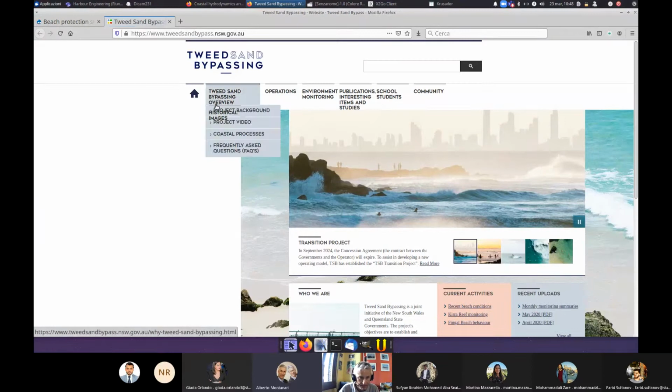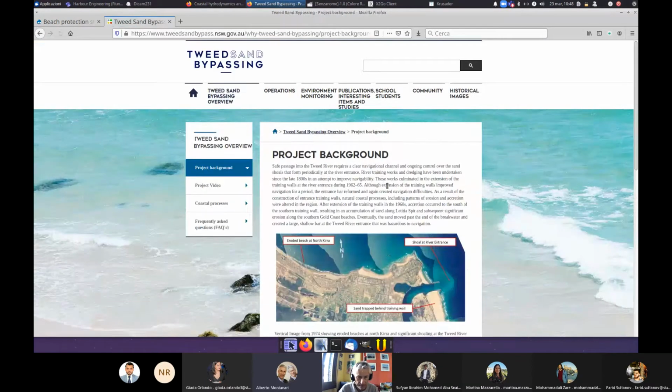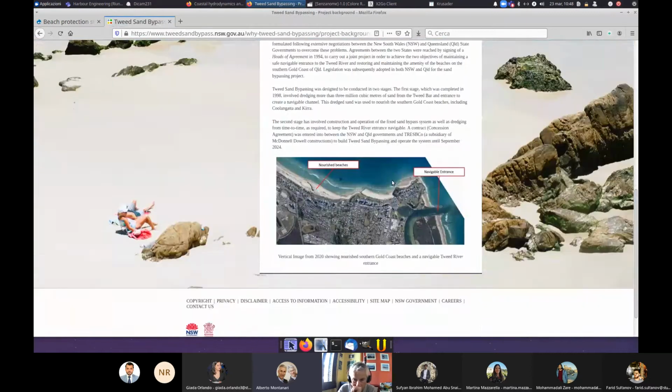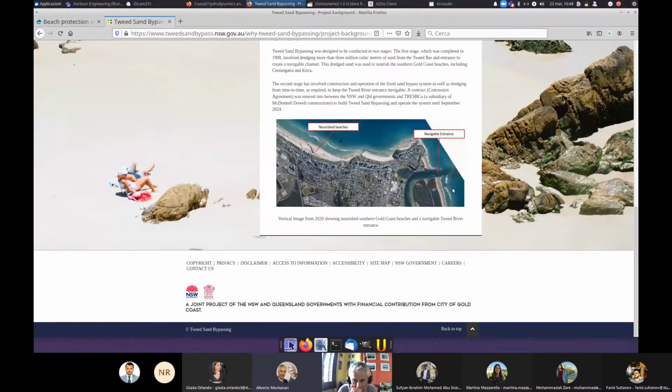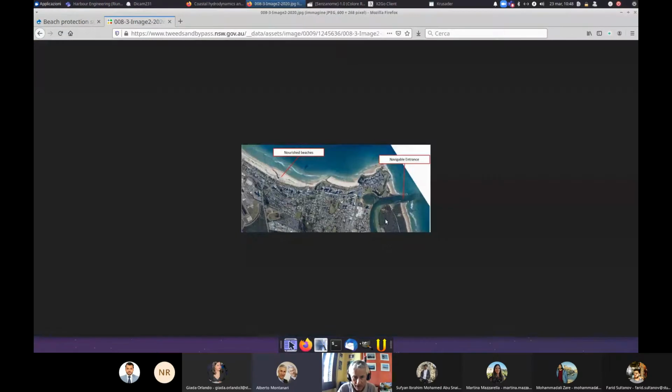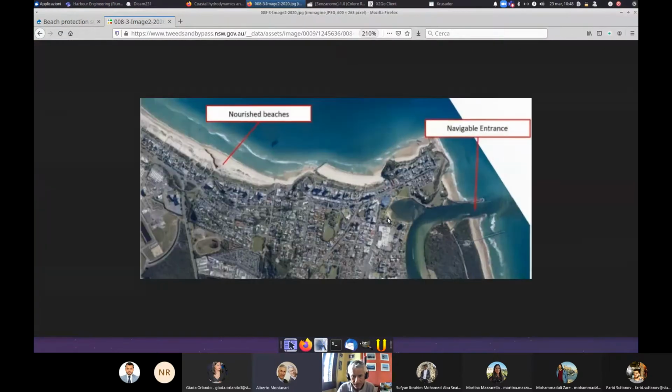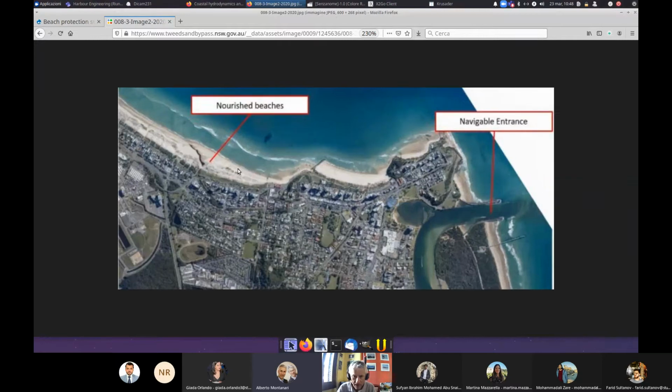Now let's see what they did. You see that this is after the intervention. Do you see now the situation, how much is different after the intervention, after the sand bypassing?